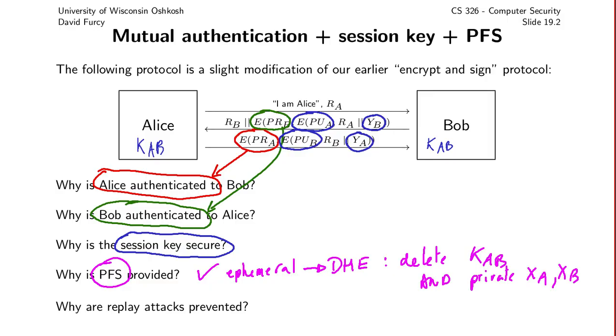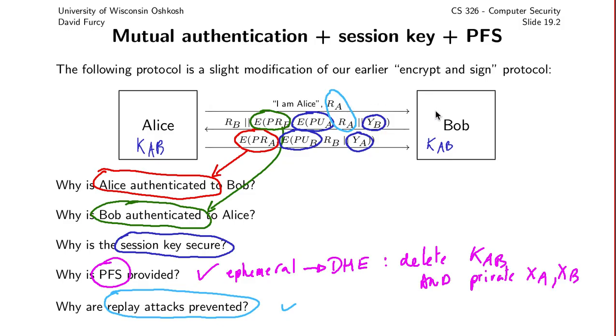Now, finally, have we prevented replay attacks? So I'm going to claim that this is the case. And the reason for that is the use of nonces. Remember, a nonce is a number used only once. So even if the attacker would record those messages and replay them later, there would be a problem because, for example, if the attacker would replay this message pretending to be Bob, there is no way that Alice would have sent the same nonce in that new or future version of the protocol.